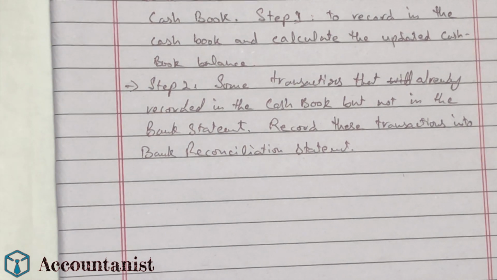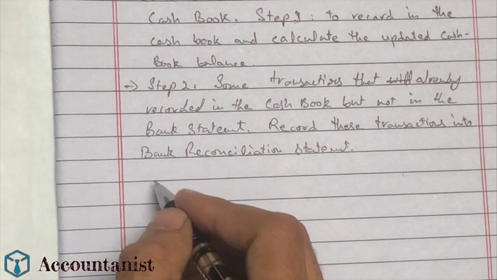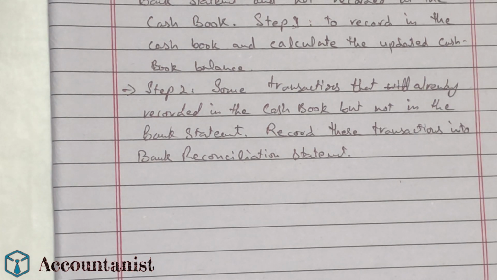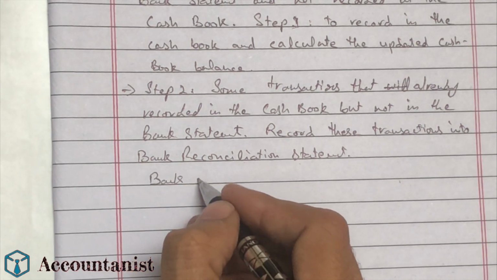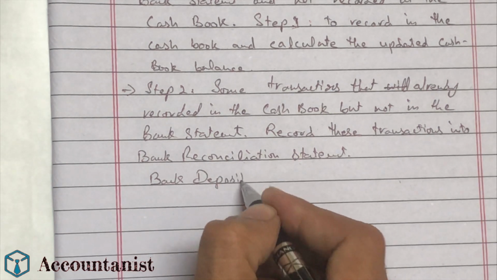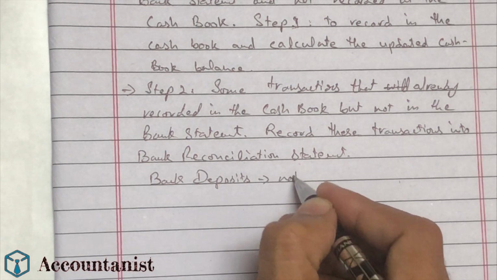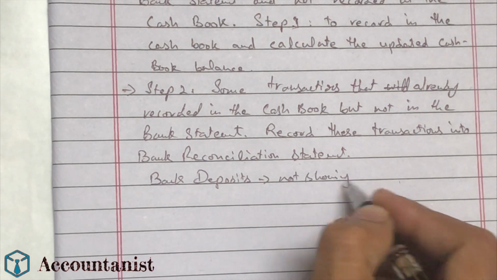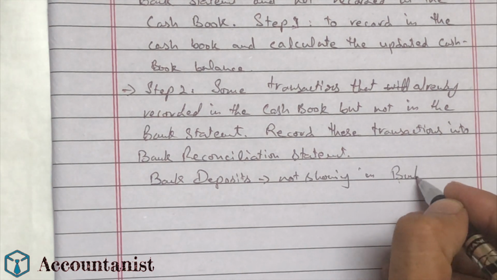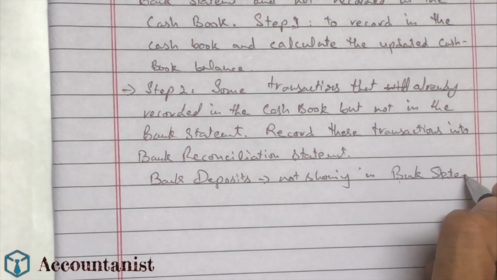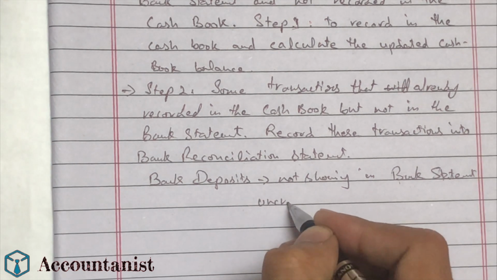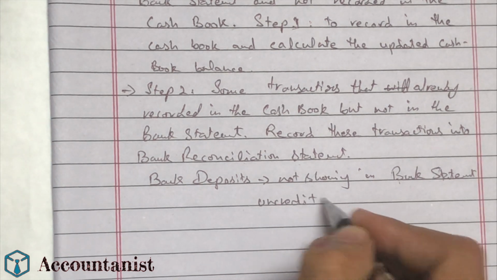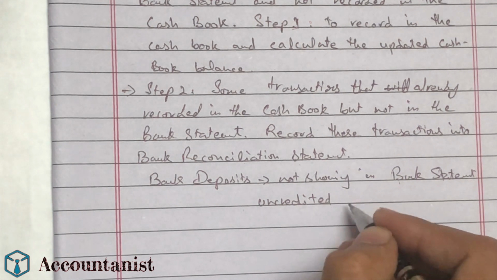Now there are two types of entries for step 2. If there are some deposits that we make into the bank account that are not showing in the bank statement, we name them uncredited checks.